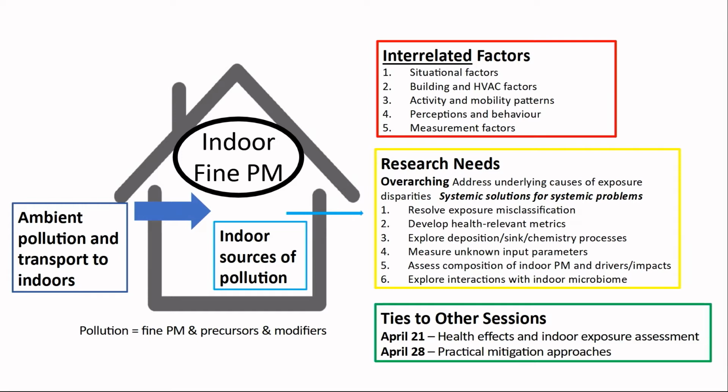So there's the situational factors, there's building factors, there's the activity patterns and the mobility patterns of the people who inhabit indoor environments. There's perceptions, both perceptions of what's important and also how those perceptions might modify behavior that then leads to changes in exposure and even the concentration of fine PM.